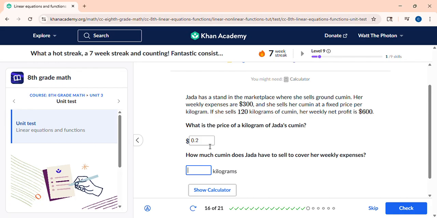It's $5 per kilogram. 60 kilograms. It should be revenue. Are they going to know the difference between profit and revenue?